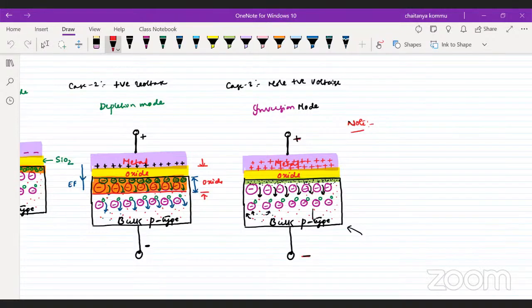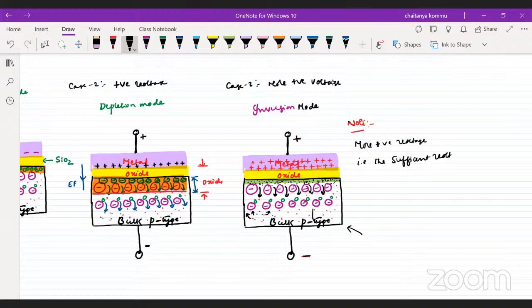The voltage at which the inversion layer will form is called the sufficient voltage. So more positive voltage is nothing but the sufficient voltage.